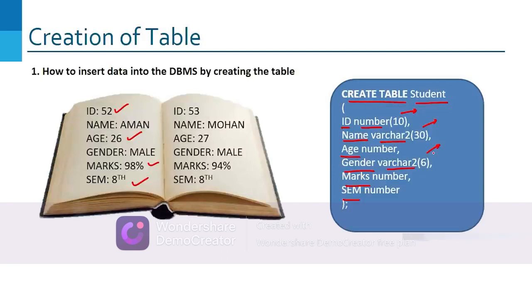Now these are again limited capacities. If you see male and female, that can be the only particular gender, right? So that is why I've written 6 here. 30, the name should not be longer than 30 letters, correct? So this is how you write a particular query.